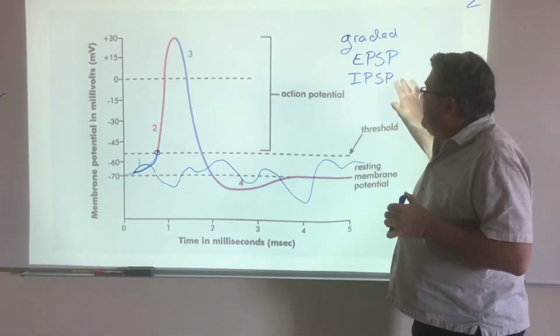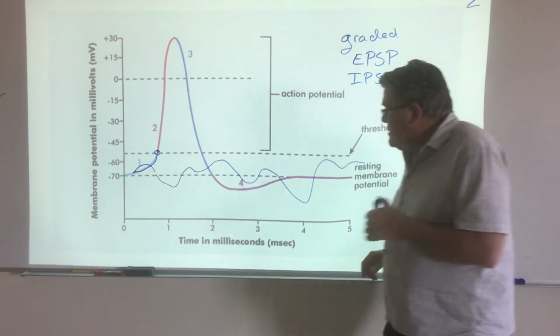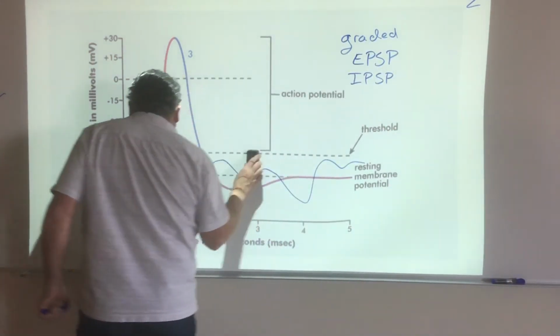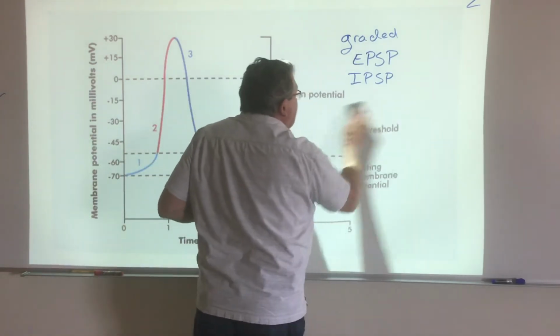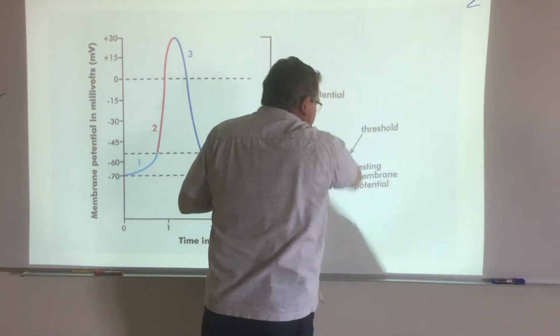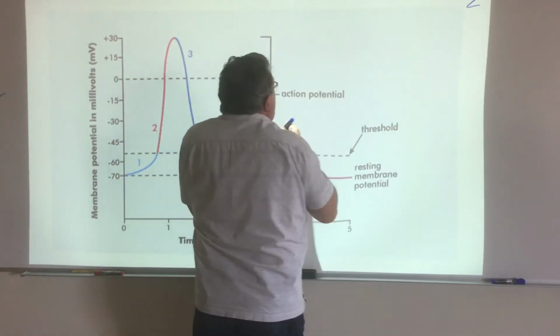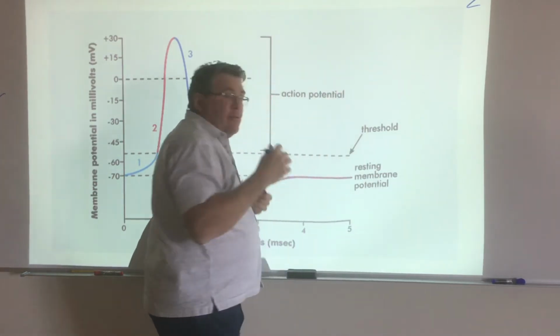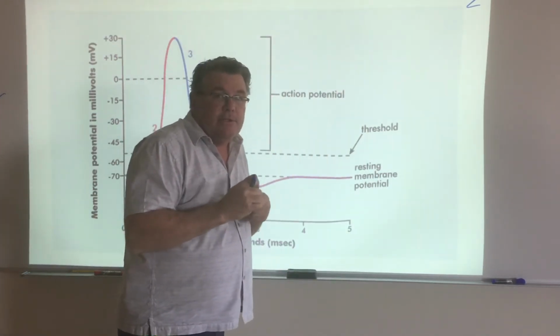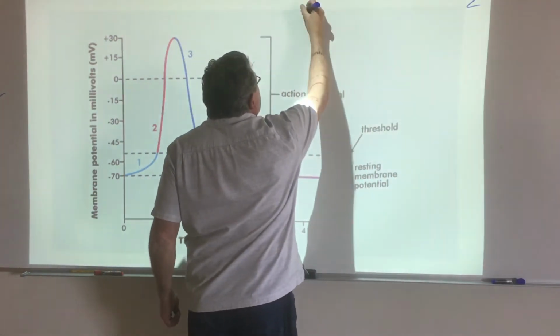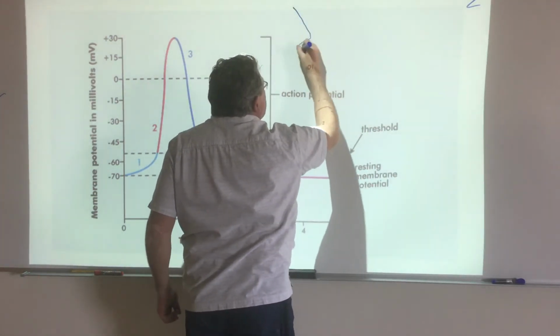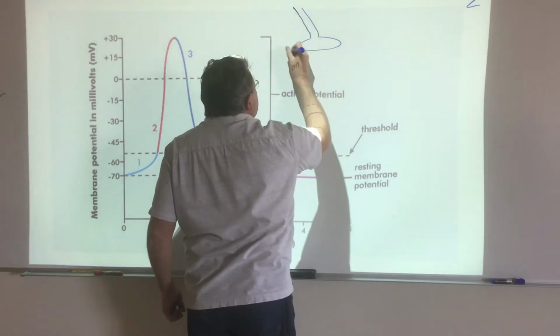Now, to play off of these EPSPs and IPSPs, I said I'd explain what a synapse is. And when I have one neuron, and this is kind of reminiscent of the neuromuscular junction, where we have a neuron dealing with a myofiber. Let's say I have a neuron.